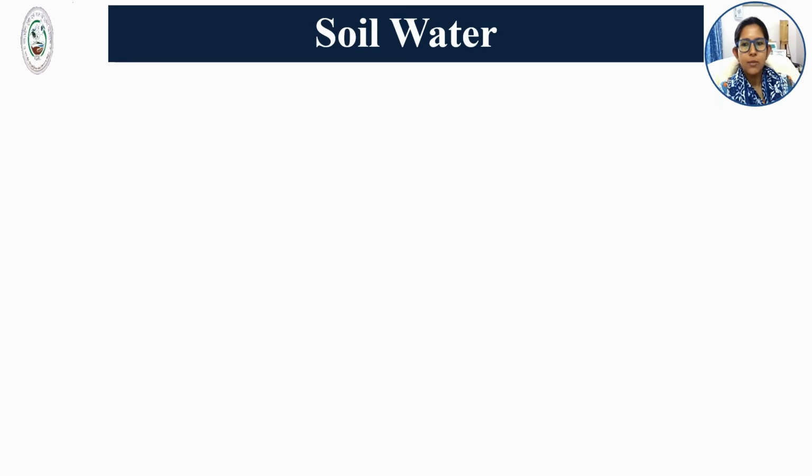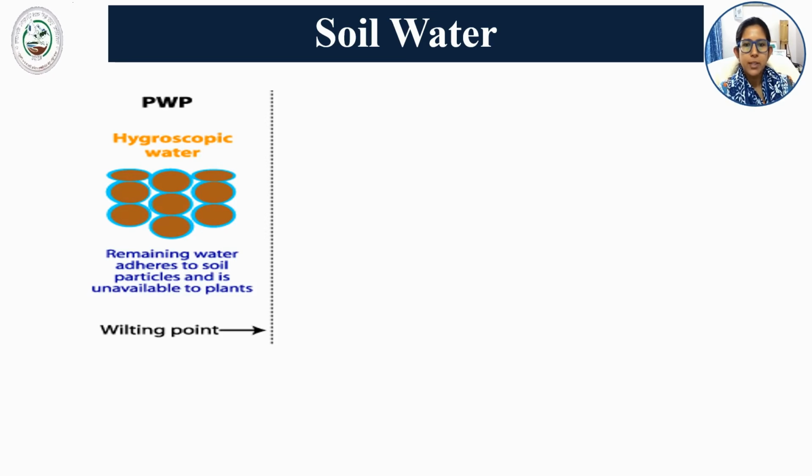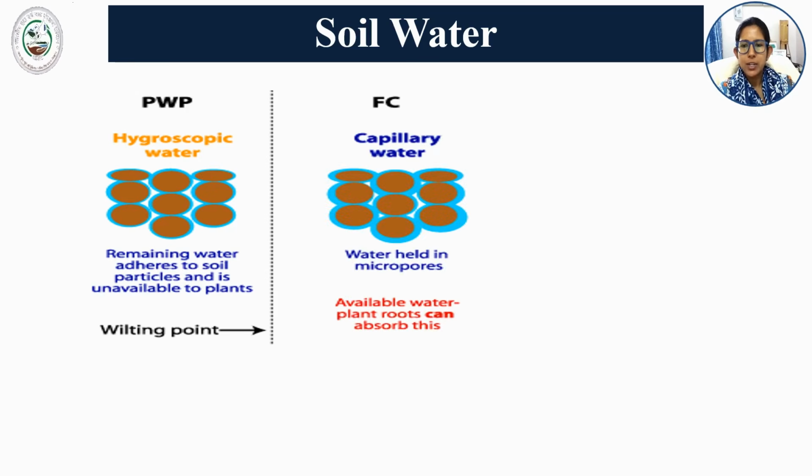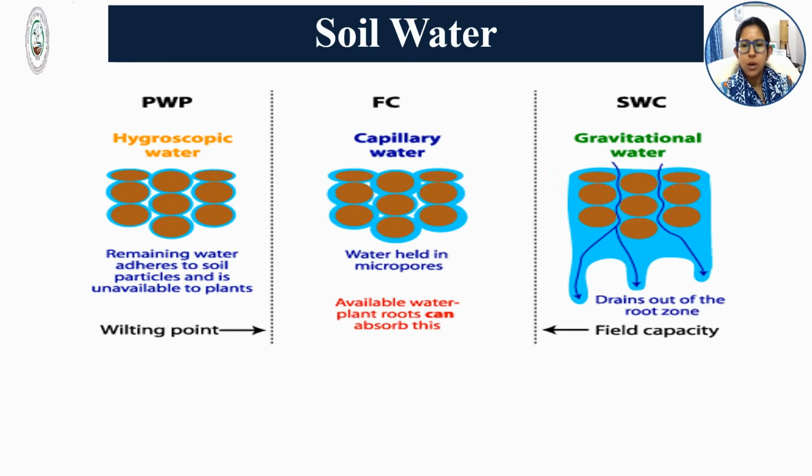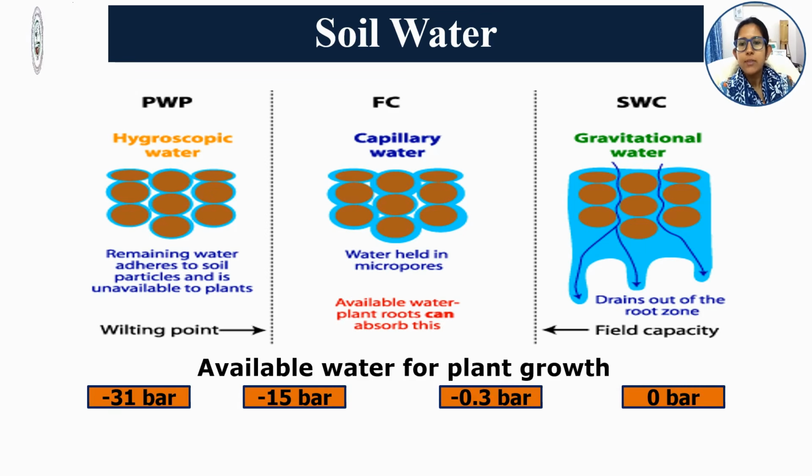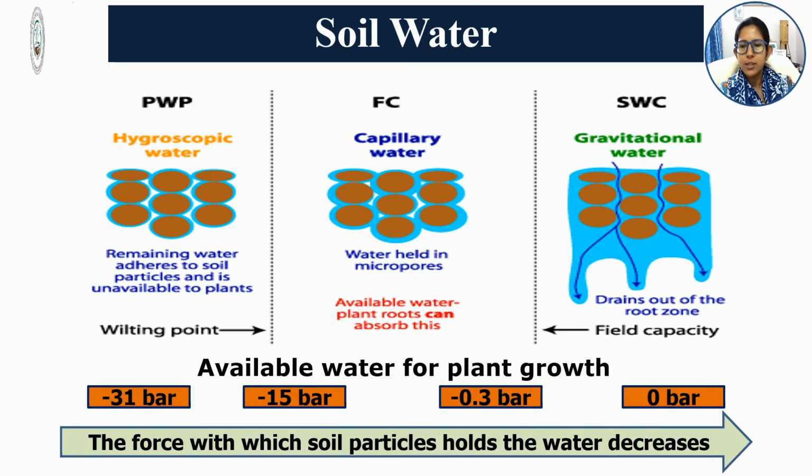And physically viewing how the quantity of soil water looks at permanent wilting point, field capacity or saturation, like this gravitational water: initially when irrigation happens or when there is high rainfall, the soil is saturated with water, and then water moves downward under the force of gravity and drains out very quickly, which is referred to as the gravitational water.